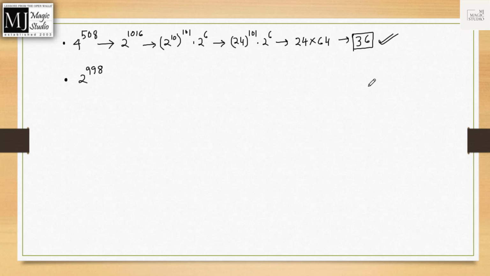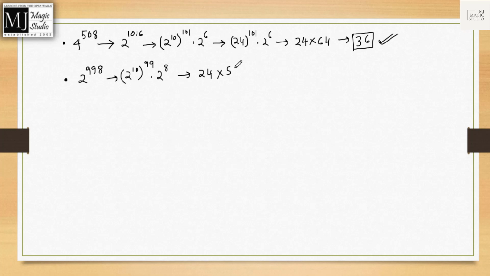Let's try this. 2 to the power 998, last two digits. So 2 to the power 10 we require. 998 is 99 times 10, into 2 to the power 8. Now 2 to the power 10 is 24. Last two digits of 24 raised to the power odd will end with 24, into 2 to the power 8, which is 256.